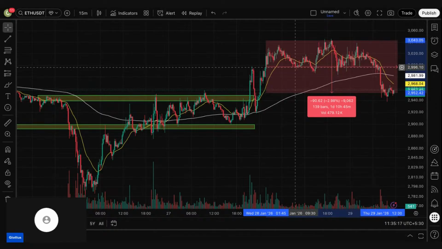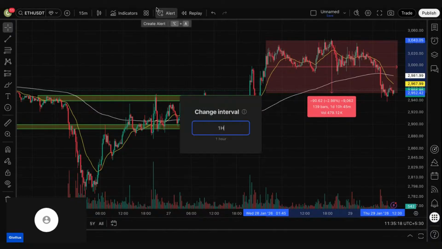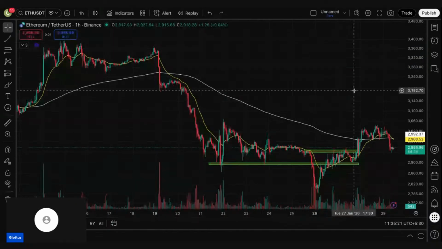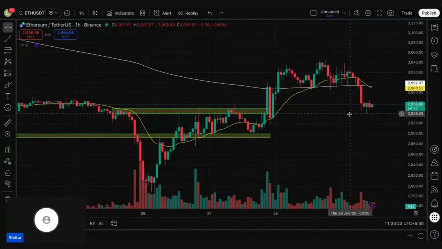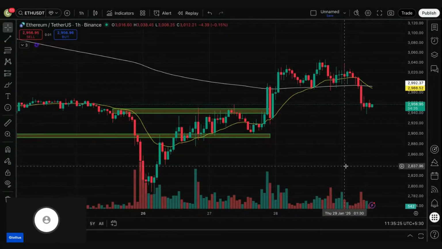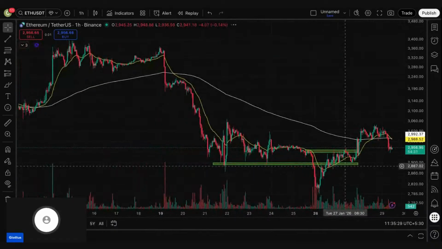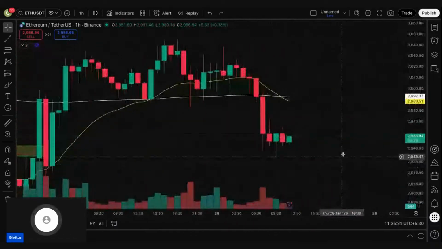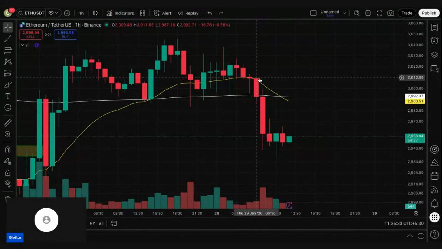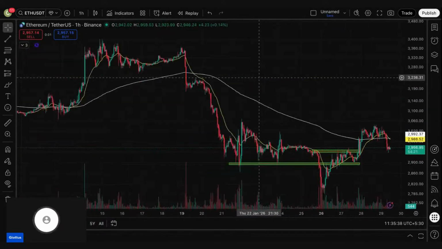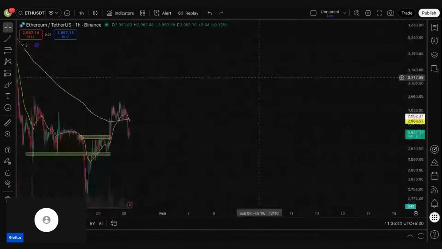So overall, you can see the trend which the market was building has been reversed somewhere down the line. All the momentum has been wiped out around this zone. The market was not able to sustain above the 3,000 level, which is not a great thing.